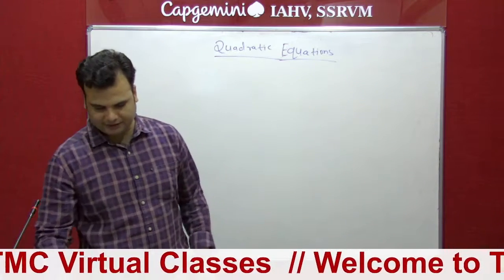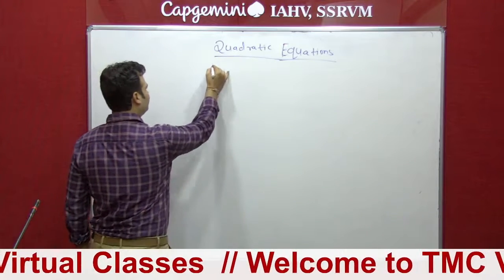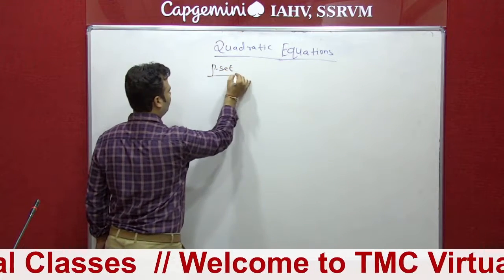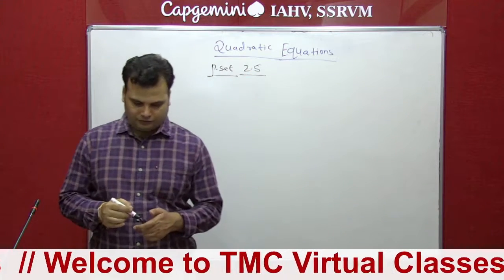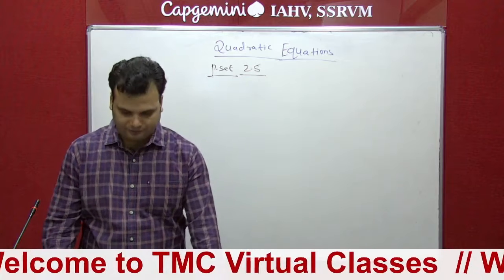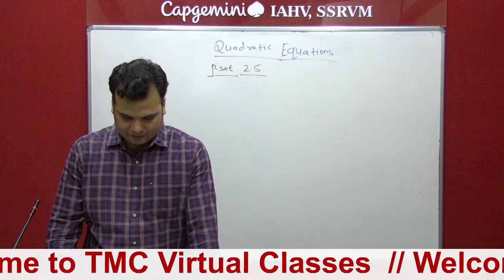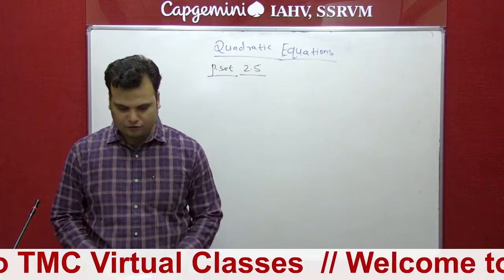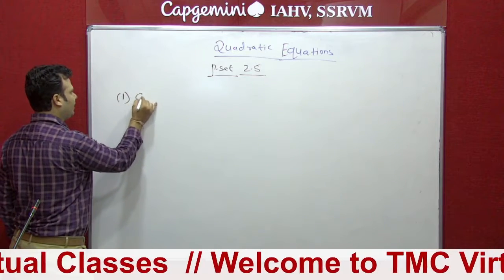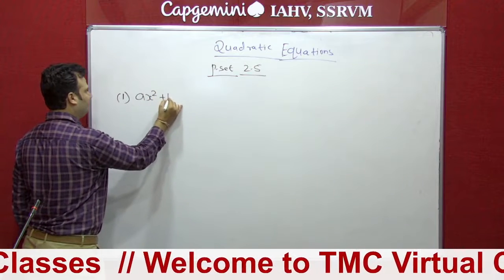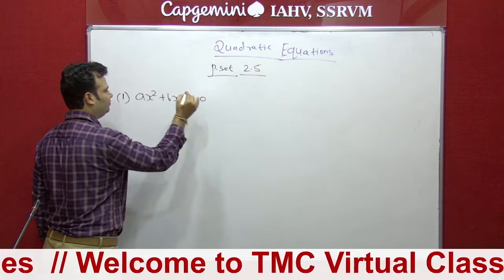So student, in practice set 2.5, the first one is given as an activity based question. Fill in the gaps and complete. The quadratic equation is given, that is ax square plus bx plus c equal to 0.